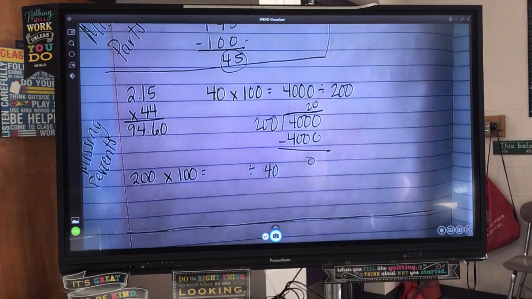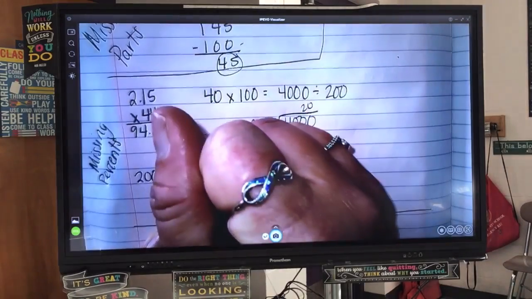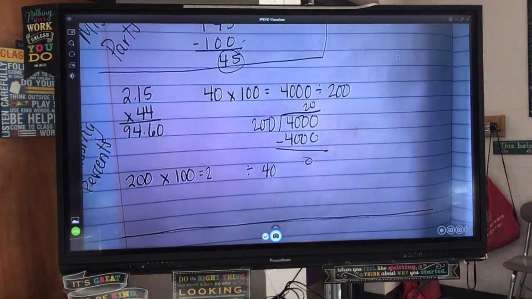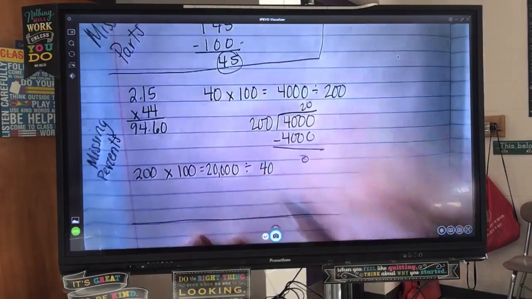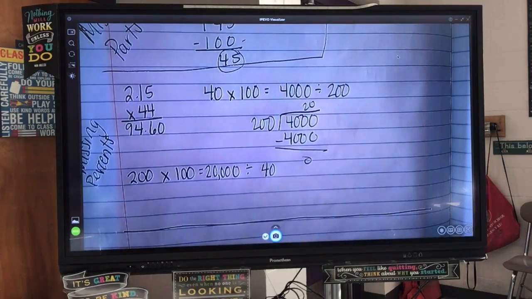Alright, so what is 1 times 2? It's 2, right? And then how many zeros are we adding? We're adding 4. So then 20,000 divided by 40, that's really hard.